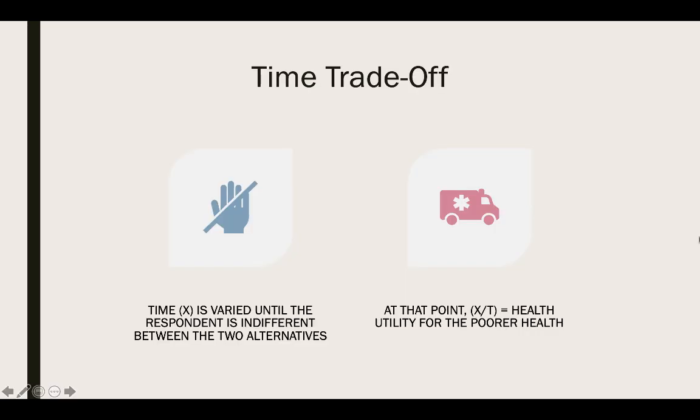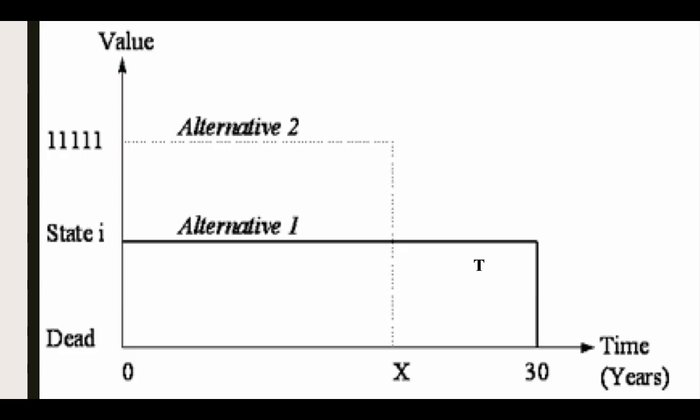So we play with our perfect health years until our participant is indifferent between perfect health and poor health, and how many years they're living until death, and that gives us our health utility.